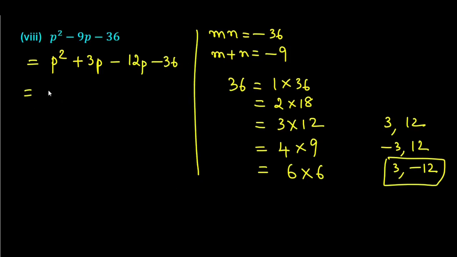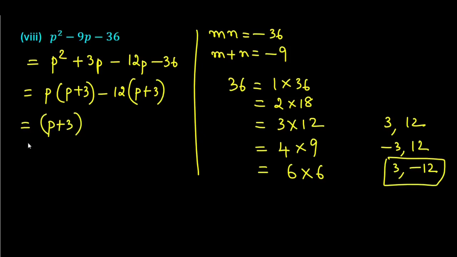Now we can write it as p into p plus 3. Here also we should get p plus 3 as a common factor, so we take minus 12 as a common factor from minus 12p and minus 36. Taking minus 12 as a common factor, we remain with p plus 3. Now taking p plus 3 as a common factor and rewriting, we get p plus 3 into p minus 12.